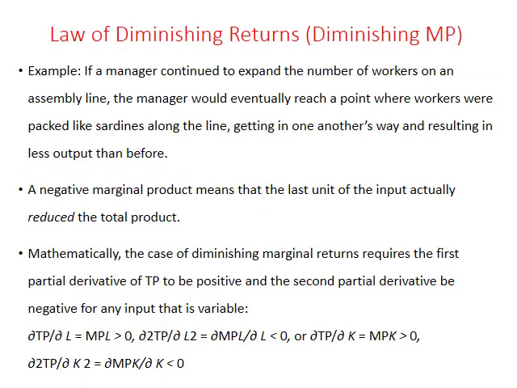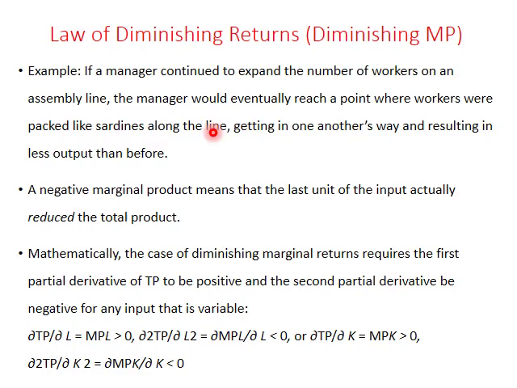By the way, here is an example for the law of diminishing return. If a manager continues to expand the number of workers on an assembly line, here the assembly line is fixed, so the variable inputs are the workers. The manager would eventually reach a point where the workers are packed like sardines along the assembly line.